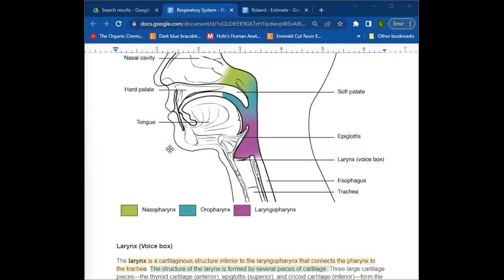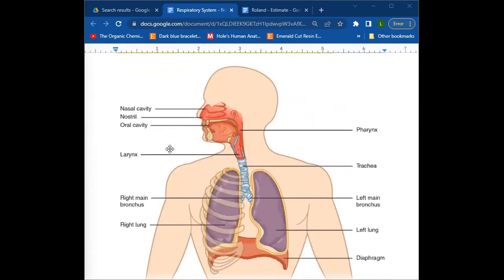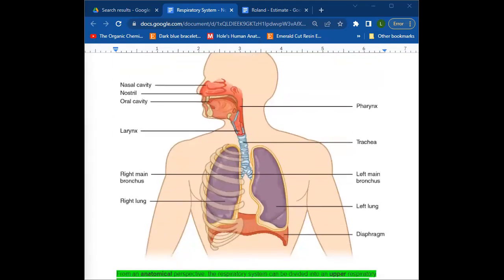Okay, so far we need to understand the order. Some people get confused about the order of the pharynx, the larynx, and the epiglottis. So we need to know that first the pharynx is higher than the larynx.